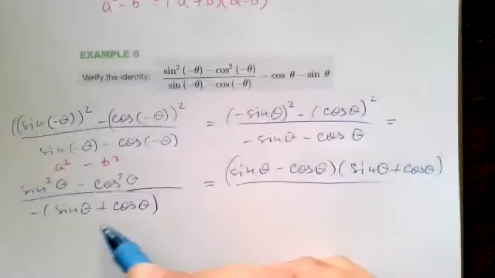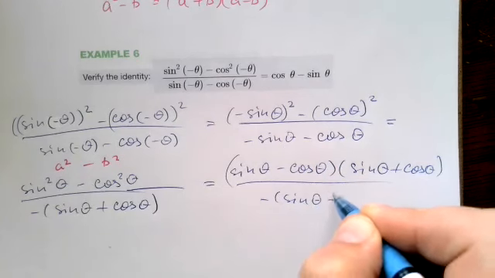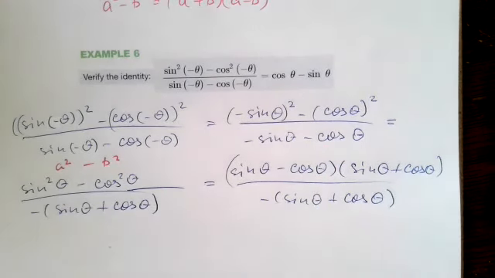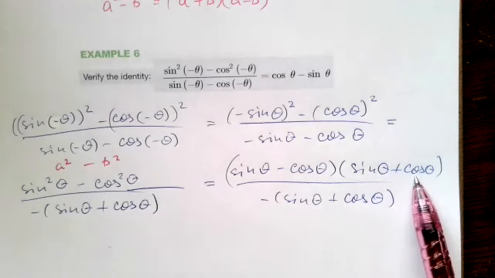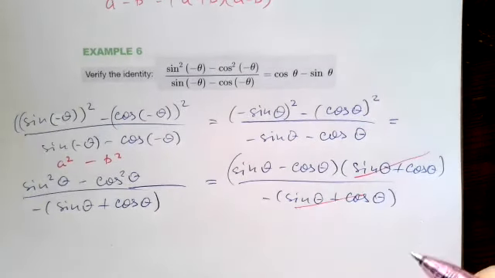Okay, and on the bottom, I have negative sine theta plus cosine theta. But look, I have a factor of sine theta plus cosine theta in the numerator, and that will cancel out with that same factor in the denominator.